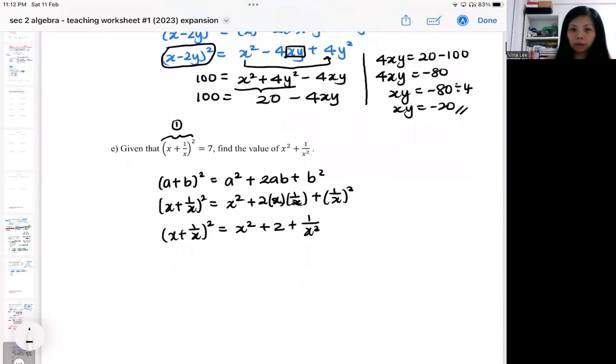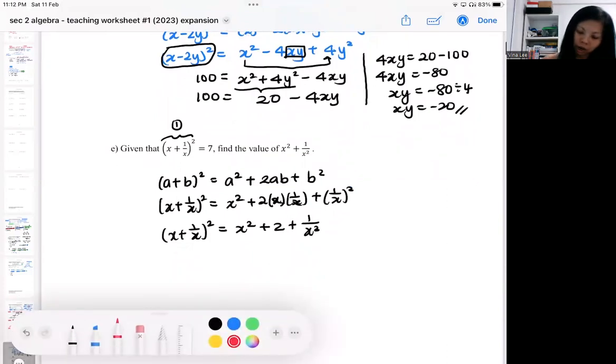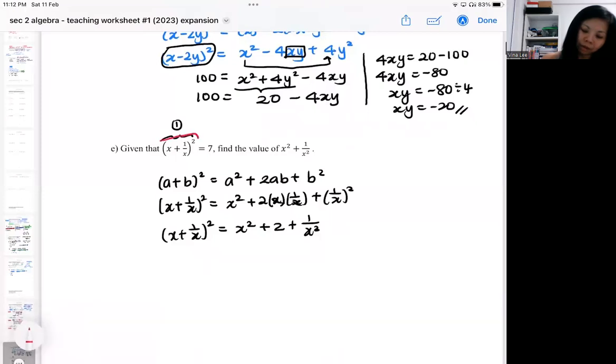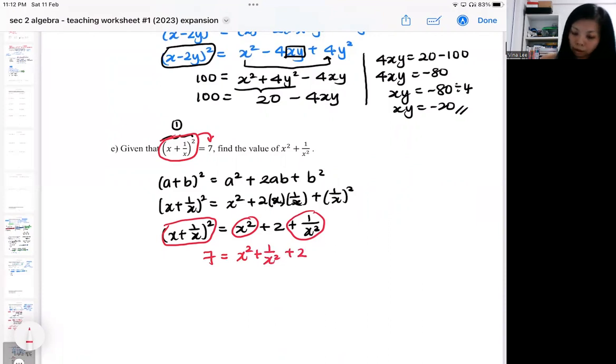After I simplify properly, I know that this chunk here is going to be a 7. This whole thing is a 7. So this whole block is a 7. Then this and this can be reshuffled. Okay, do you realize this is the one that you're supposed to find? So you move the 2 over. You will get 7 minus 2.